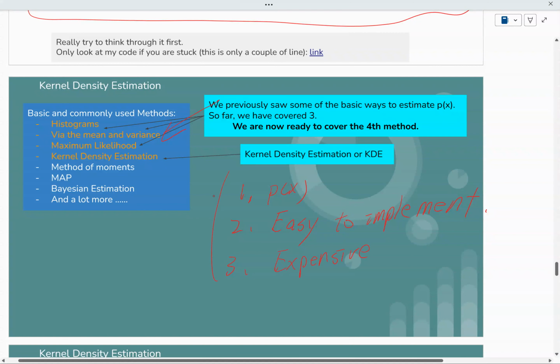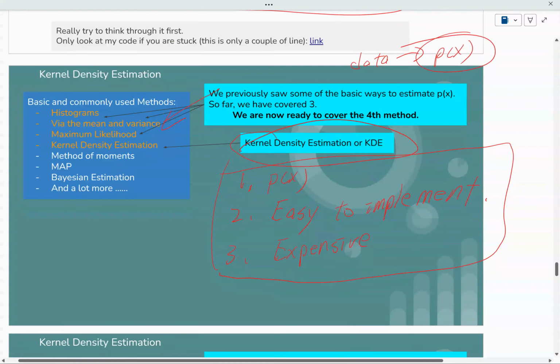So this right here is what you want to know starting off with kernel density estimation. It's essentially another way to go from data to P of X, some kind of equation.